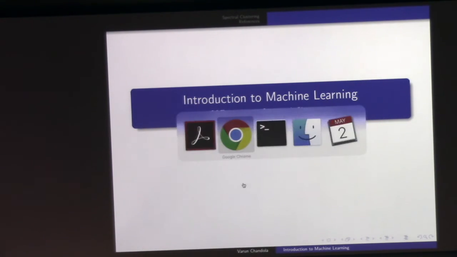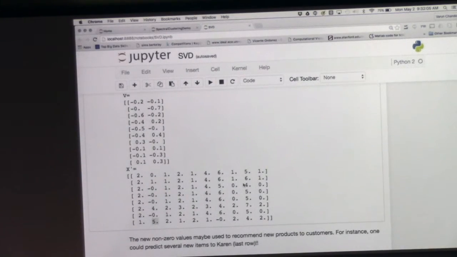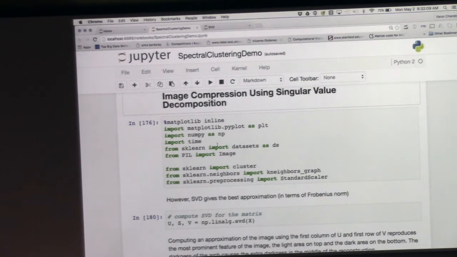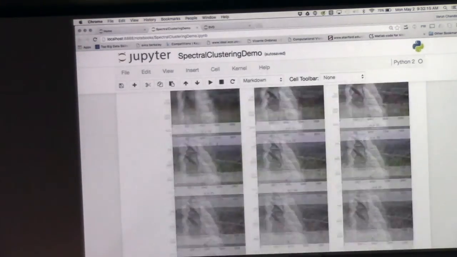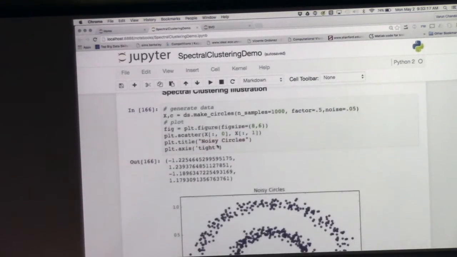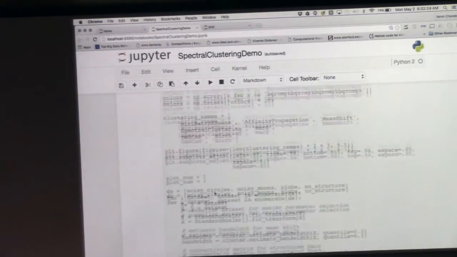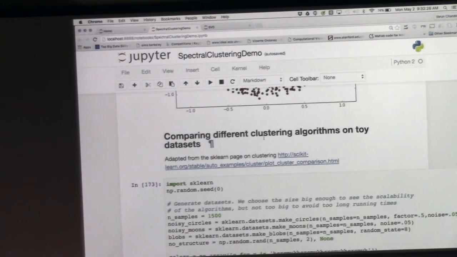So in fact, before talking about this method, today we are going to talk about one method, but if you go to this workbook that I have, Spectral Clustering Demo, in the end, I have this comparison of many clustering algorithms. This I pretty much copied from sklearn.